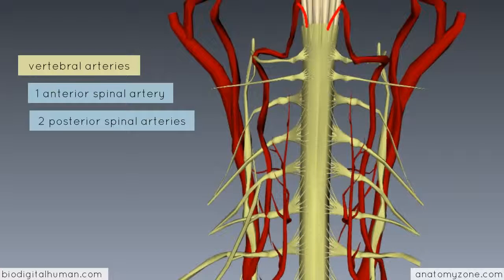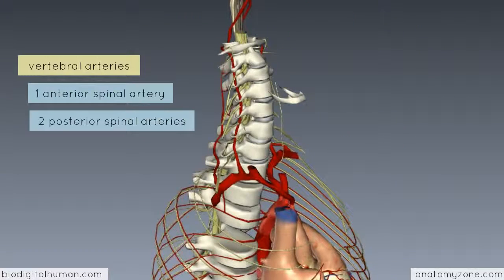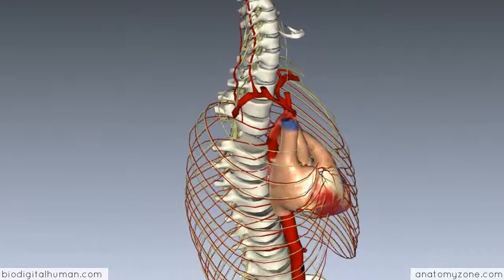So these run the length of the spinal cord down the posterolateral aspect of the spinal cord. So you've got one anterior spinal artery and two posterior spinal arteries. So these are the three vertical arteries which originate in the cranial cavity and descend the length of the spinal cord.